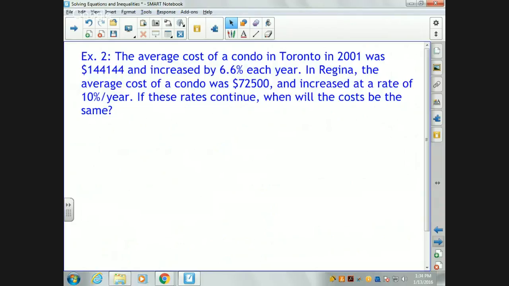So if these rates continue, so if both rates continued at the same pace that they were going, the question is, when will the cost of the condo in Toronto be the same as the cost of the condo in Regina?